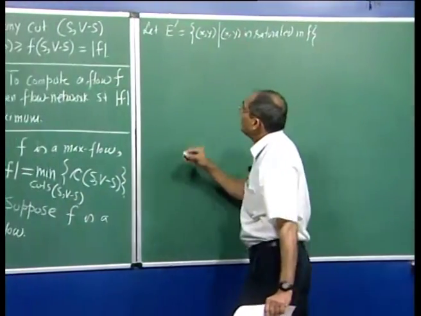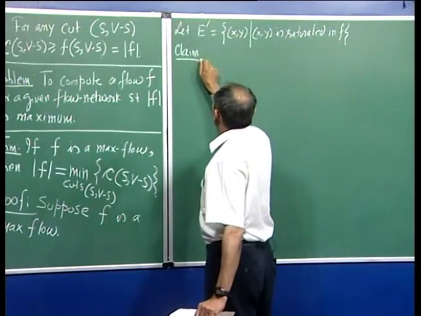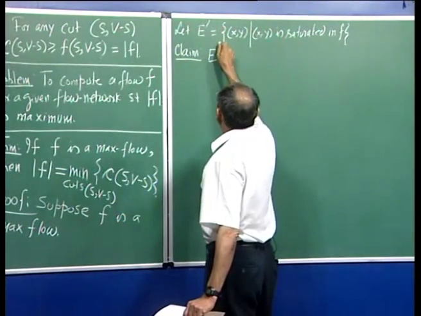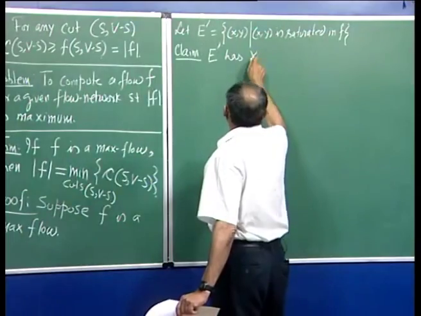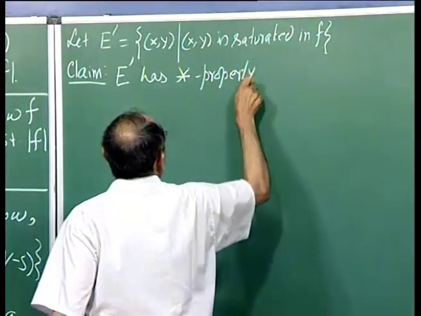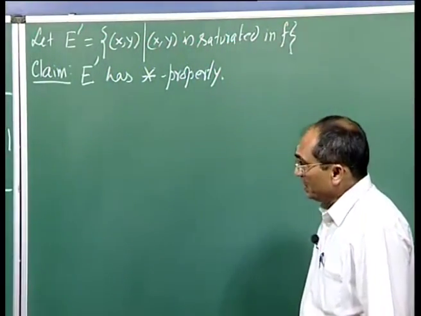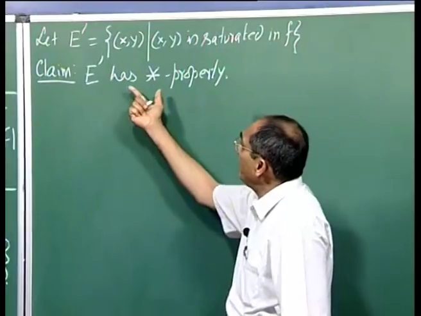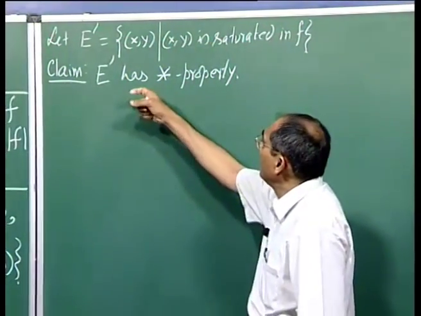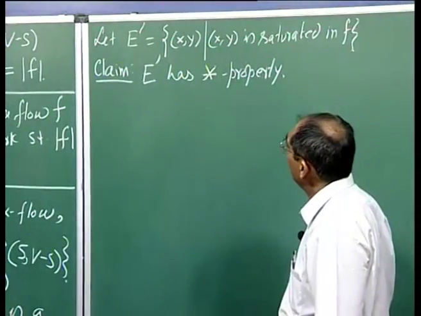And now, first claim I am making is that E prime has star property. Star property is that every path from S to T must pass through some E prime edge.